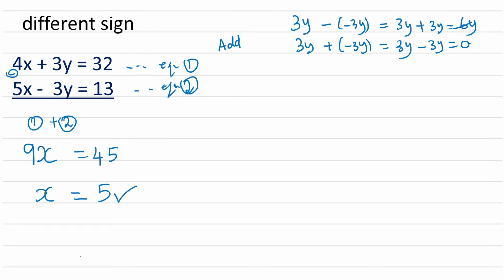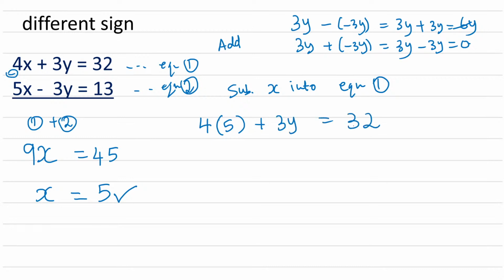So now I've got my x. I can go ahead and find what y is. So I'm going to substitute x into equation 1. So I have 4 times x, which is 5, plus 3y, and this is going to be equal to 32.